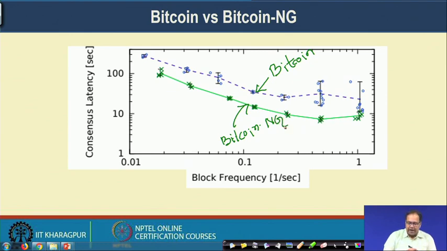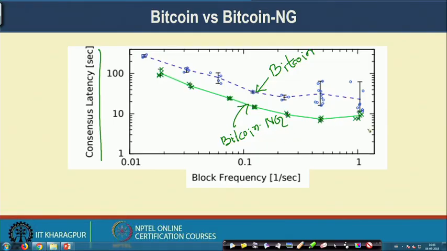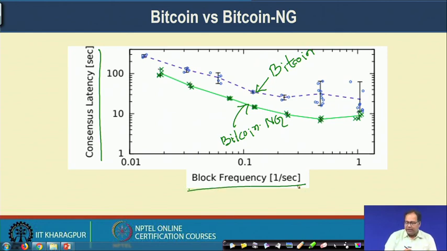Here we see the consensus latency, that means how much time it takes to commit a particular block in the system. We observe that the commitment latency, with respect to block frequency, for Bitcoin NG is significantly less compared to Bitcoin.